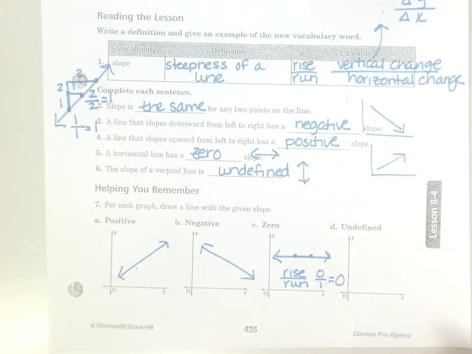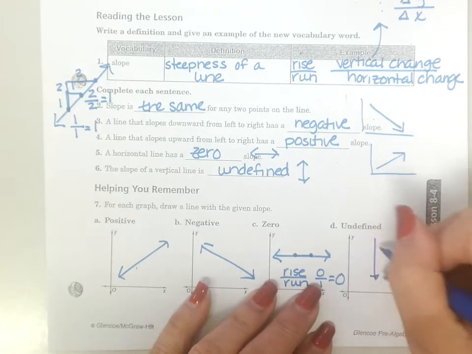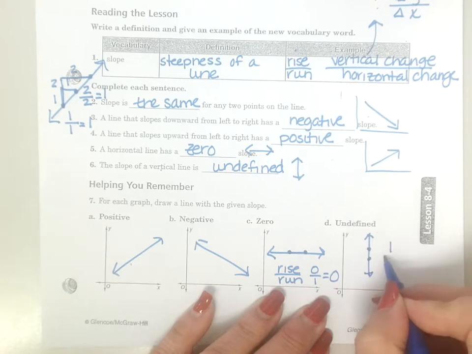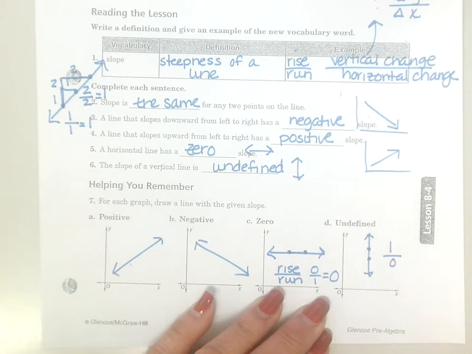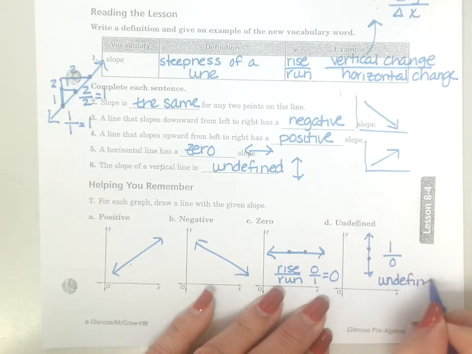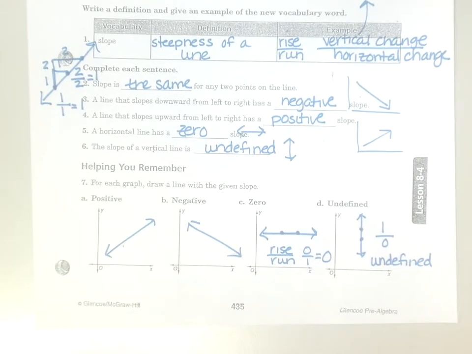So it has a 0 slope, okay? That's horizontal. Undefined, what happens here is you can have a rise of 1, but then it goes left or right 0, and you can't do that on the calculator. That's why that's called undefined. You can't divide by a 0 on the bottom.